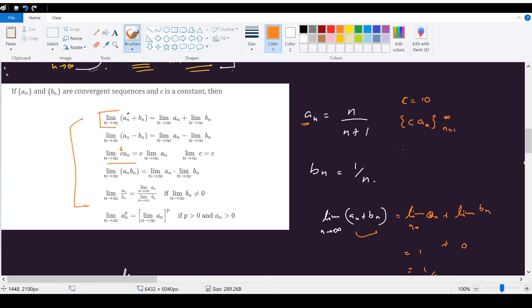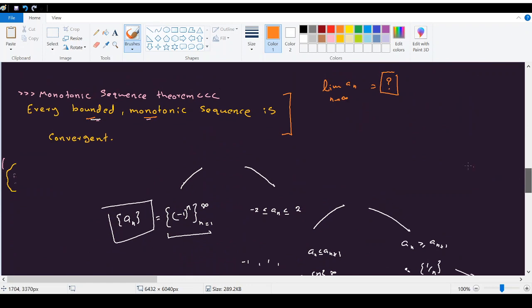So the limit of this sequence will be equal to C times the limit of the original sequence. Likewise, you can handle the limit of a sequence in a nice way. Now these properties of limits are the same as you did for the properties of limits of functions, right? Those two are exactly the same.